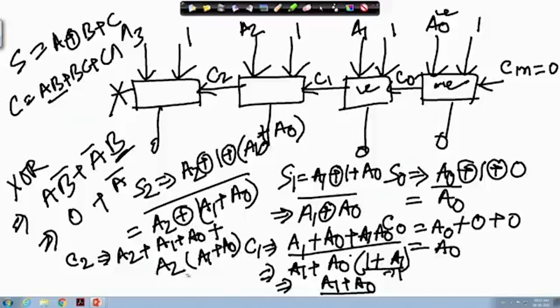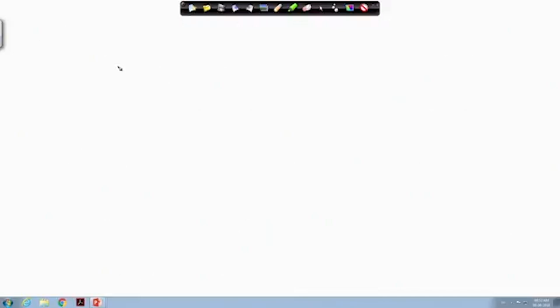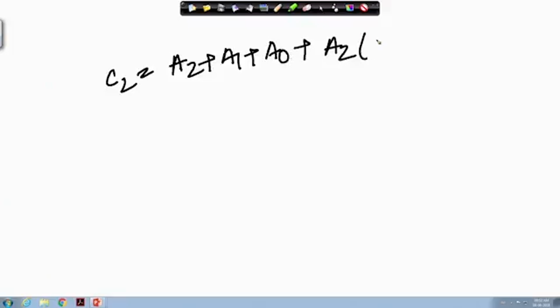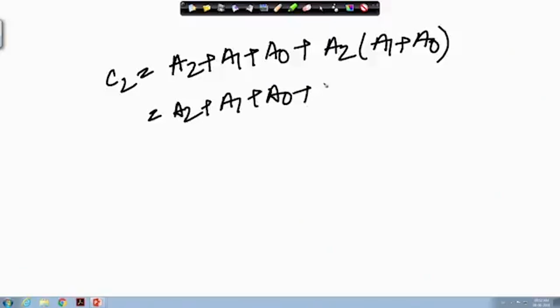Okay. So, then the same thing, if I just consider a new page, take this C2 as A2 plus A1 plus A0 plus A2 into A1 plus A0. So, if I want to simplify this particular expression, then what will happen? A2 plus A1 plus A0 plus A2 into A1 plus A2 into A0.